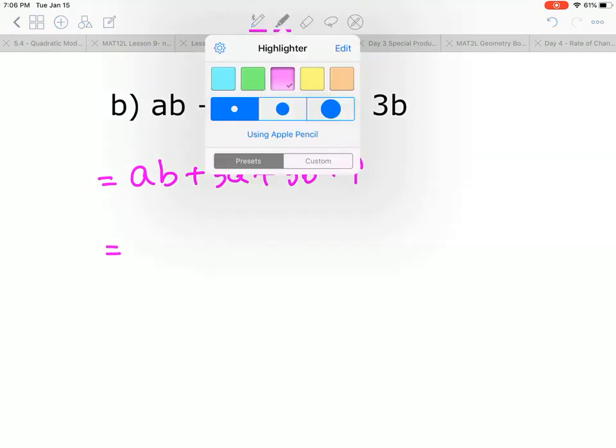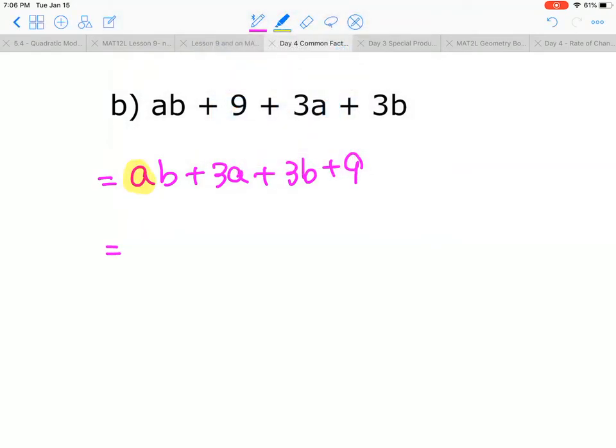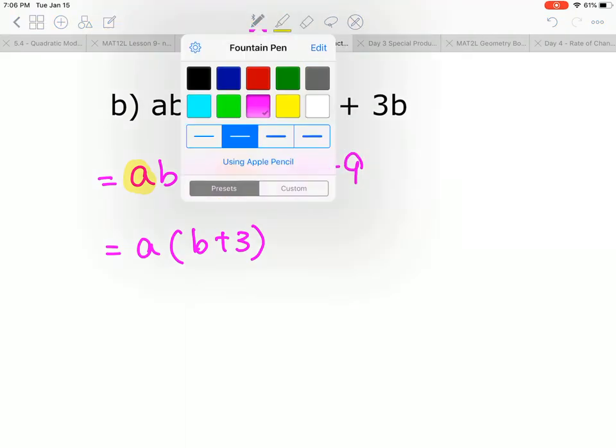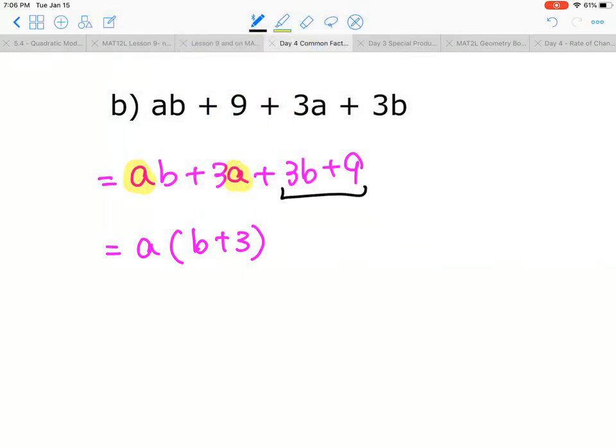Now, hopefully you see that the A's are in common. So then this is where my A comes out as a common factor, and then plus 3B plus 3. From these two, the GCF is 3. So then it will be plus 3, and then B plus 3 here again.